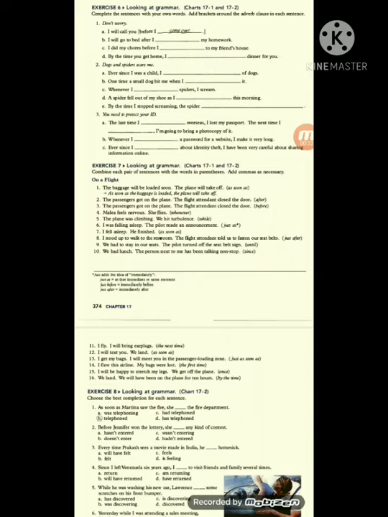2. The passengers got on the plane after the flight attendant closed the door. 3. The passengers got on the plane before the flight attendant closed the door. 4. Malaya feels nervous whenever she flies. 5. The plane was climbing while we hit turbulence. 6.